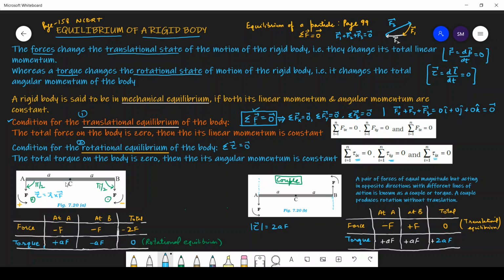Let us read it from the book. Okay, there is one more thing. There can be partial equilibrium also. So what is partial equilibrium? Partial equilibrium means when there is translational equilibrium but not rotational, or when there is rotational but not translational. So when there is only one of the equilibriums, either translational or rotational, then the equilibrium is partial.